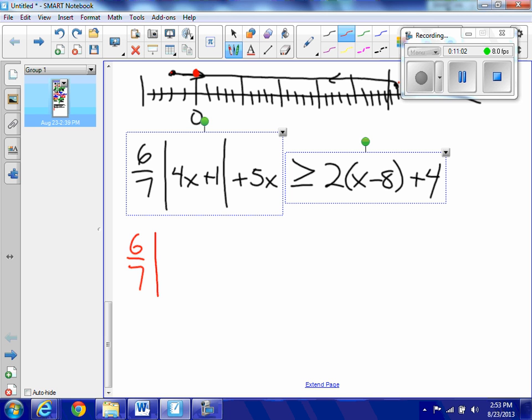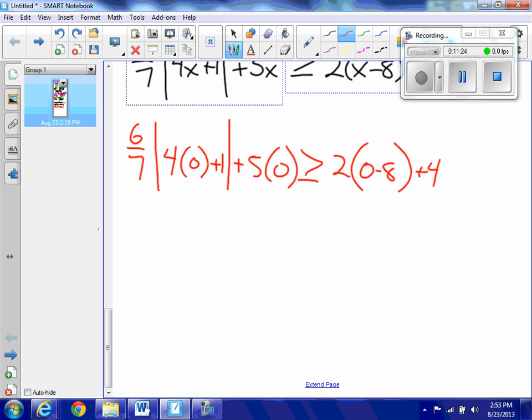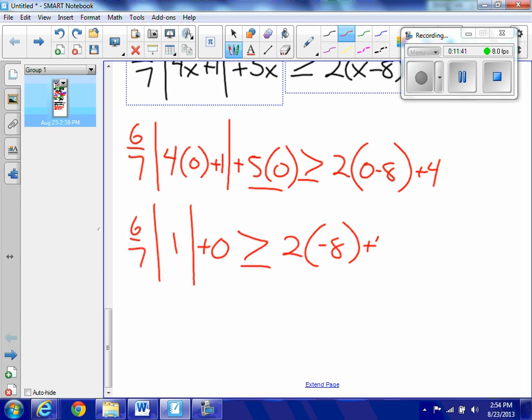6/7 times the absolute value of 4 times 0 plus 1 plus 5 times 0 is greater than or equal to 2 times 0 minus 8 plus 4. Well, I have 6/7 times the absolute value of 1 plus 0, because 5 times 0 is 0, is greater than or equal to 2 times negative 8 plus 4.